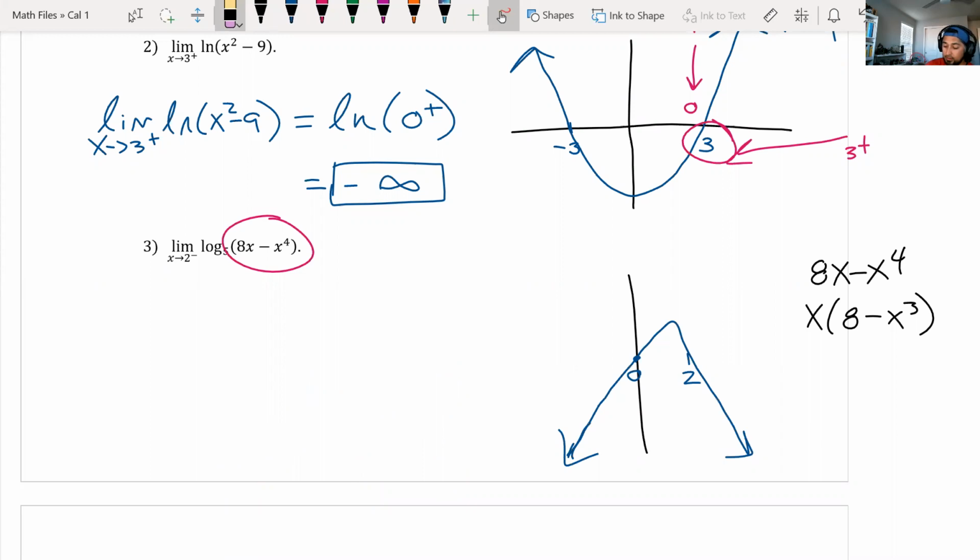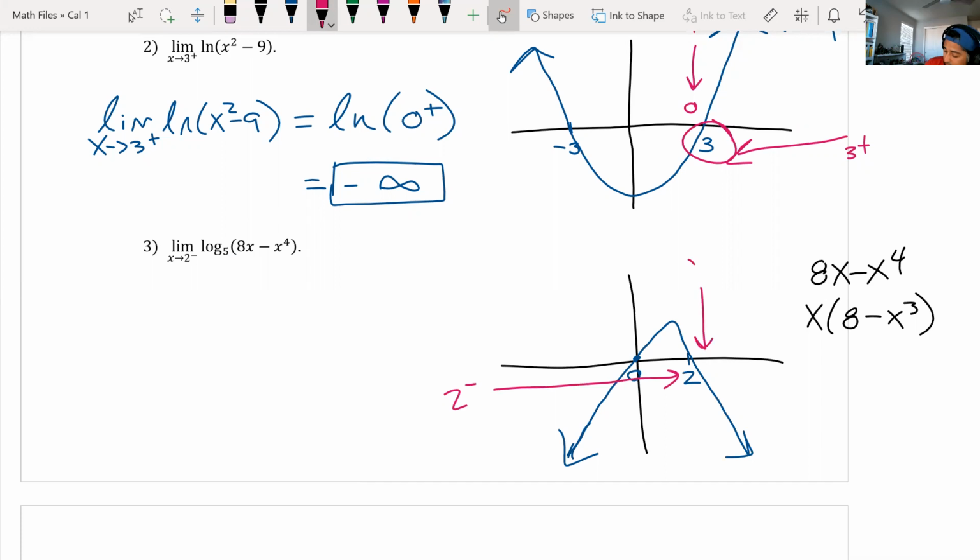Okay. And now we have to think about what the limit is asking us. 2 from the left. Oops, I erased everything. There we go. So if you approach 2 from the left, your y value is getting closer and closer to what number again? 0.